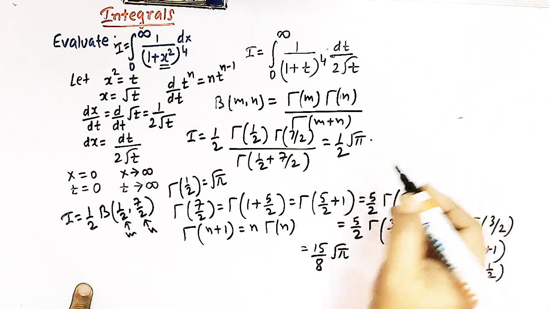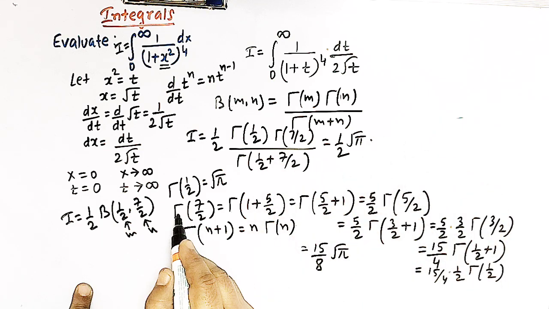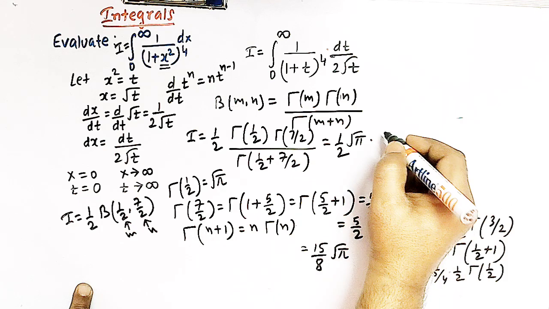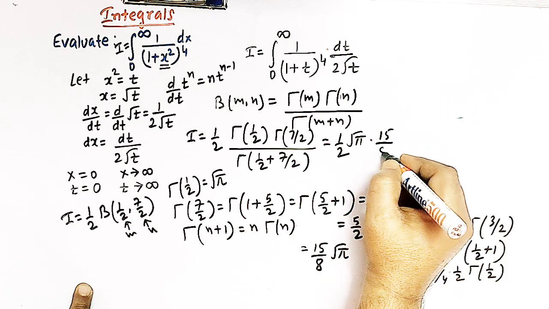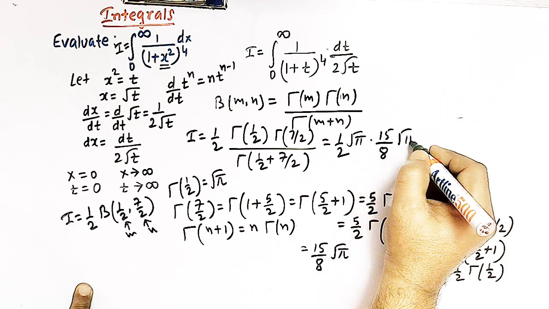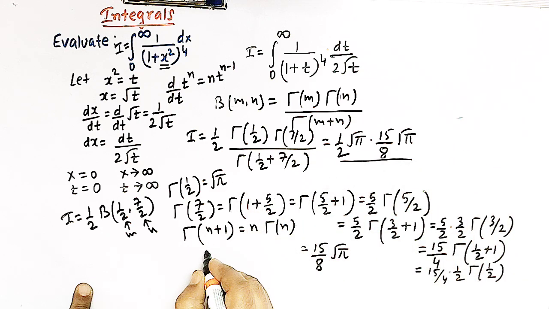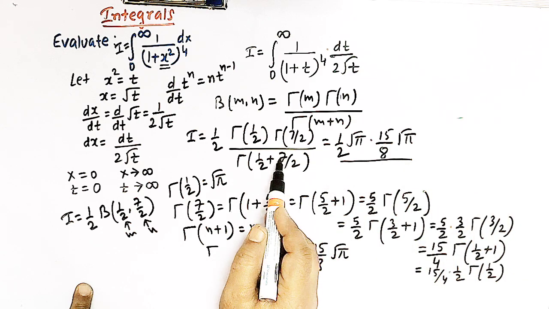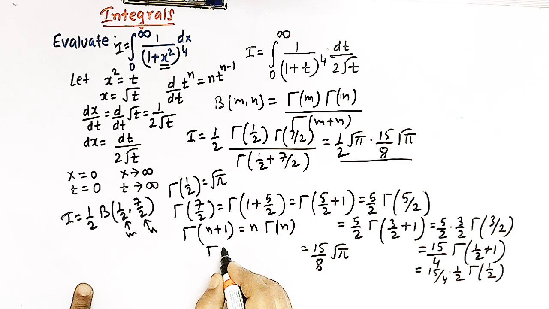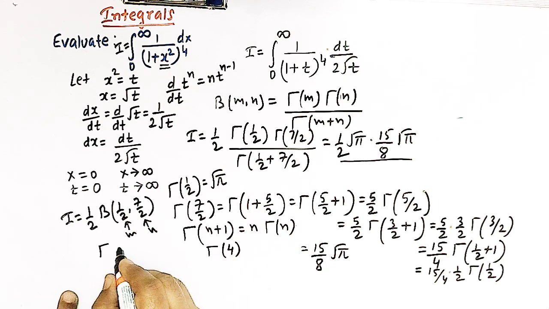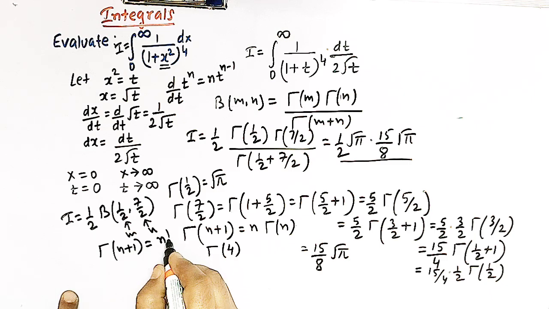So now here we can substitute the value of gamma 7 over 2 as 15 over 8 times square root of pi, and in the denominator we have gamma of 7 plus 1, 8, 8 over 2 is 4, and again using this result gamma n plus 1 is given by n factorial.